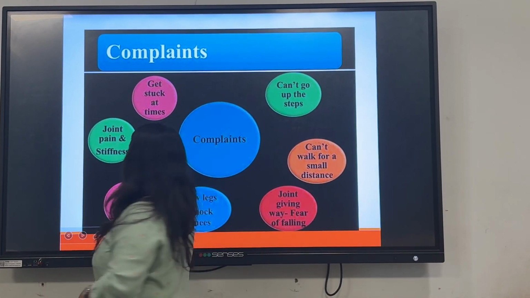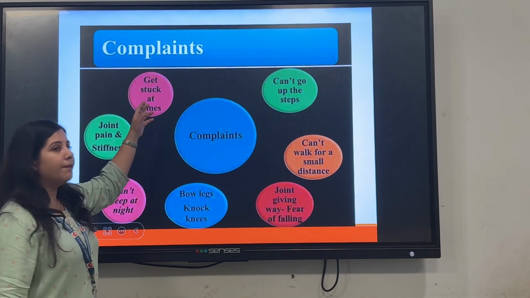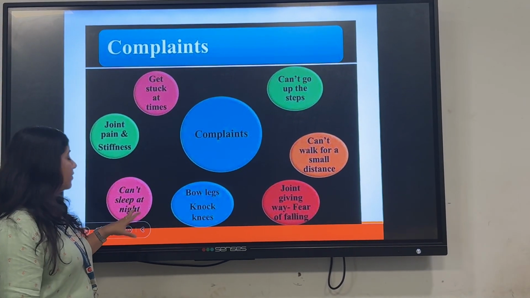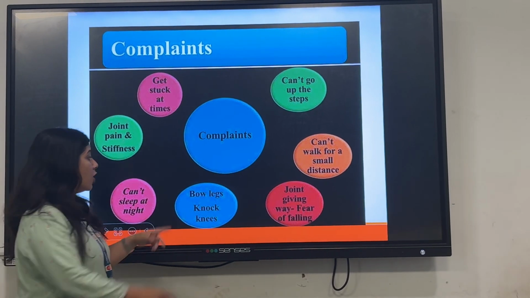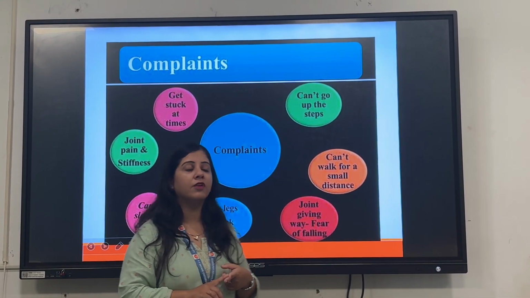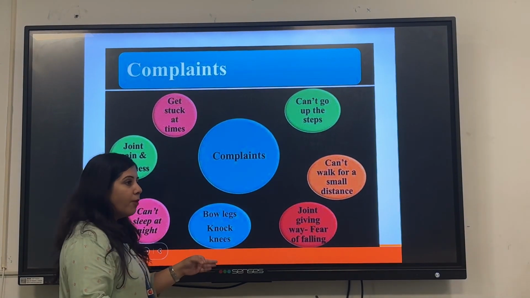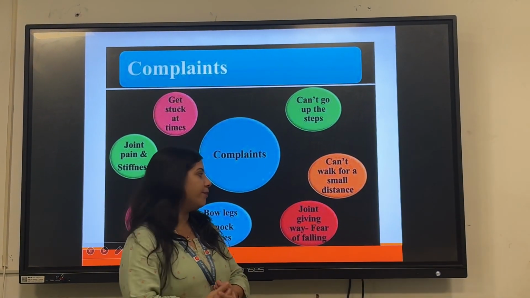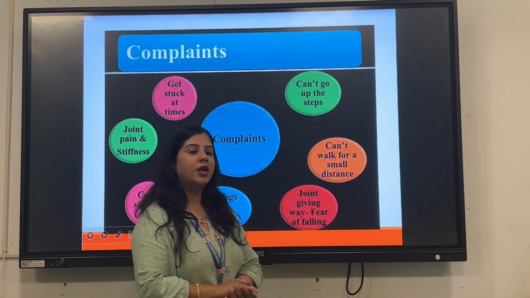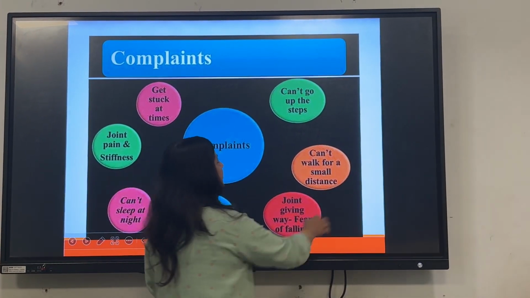He will complain that the joint gets stuck. Joint pain, stiffness, can't sleep at night. Bow legs or knock knees, that is genu varum and genu recurvatum, are deformities which can happen. Joint giving way, can't walk even a small distance.